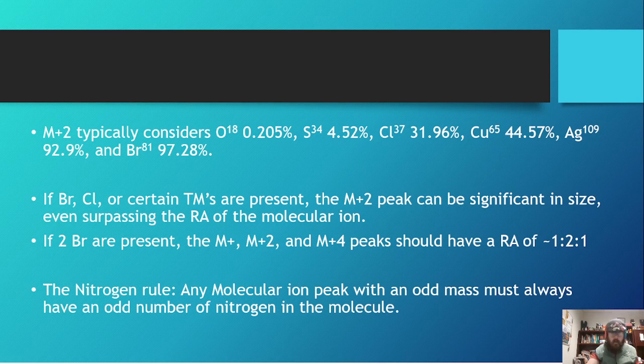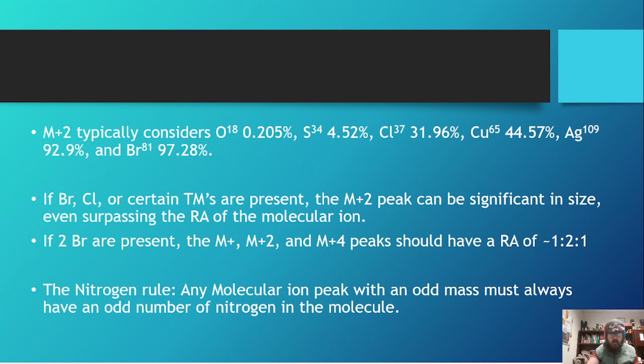Because of that, anytime you have a single nitrogen, or 3 nitrogens, or 5 nitrogens in a molecule, as long as the molecule is not directly charged, it will have an odd mass. And so if you see an odd mass for the molecular ion peak, you have an odd number of nitrogens.